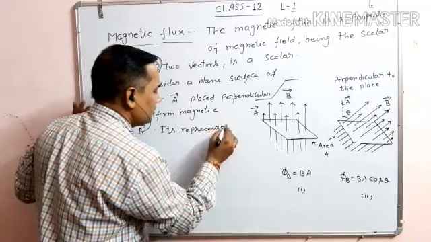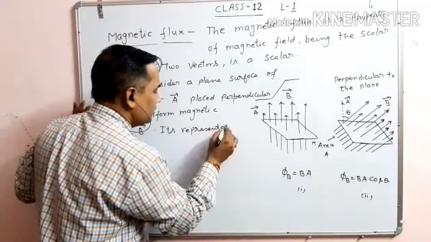So this becomes phi b is equal to BA cos theta. In the first case, in figure first, the perpendicular vector of area vector A and the magnetic field make an angle equal to 0 degree. So here the angle is 0 degree between both vectors.